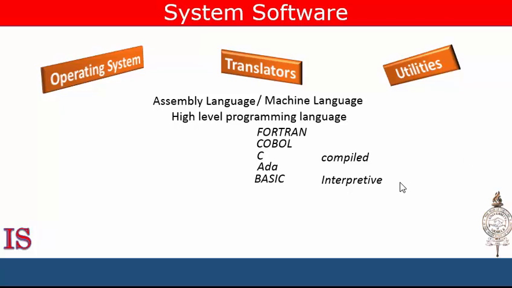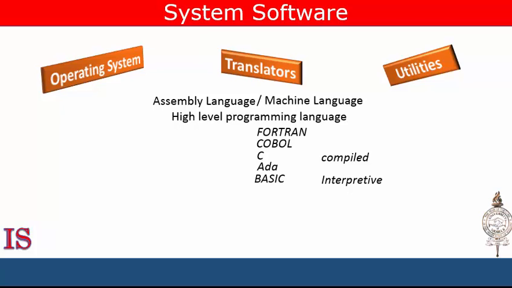An interpretive language like BASIC uses a utility called an interpreter to convert the higher level language into machine language one line at a time as it runs. Remember, interpreters translate the code one line at a time. Compiled languages use a utility called a compiler to convert the entire program at once and then write the code to a new file.